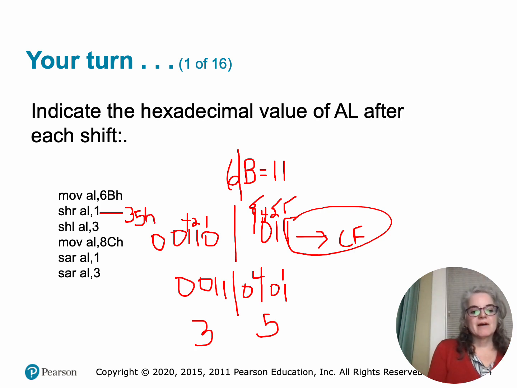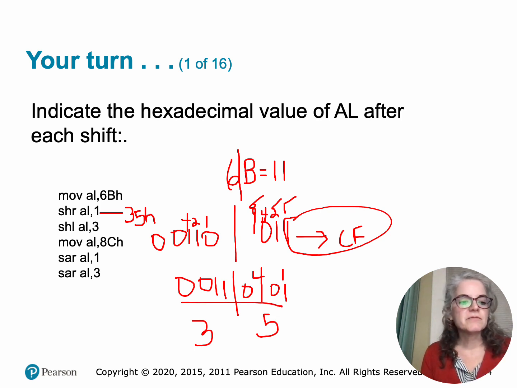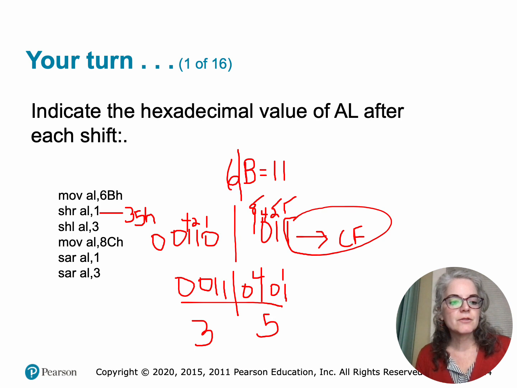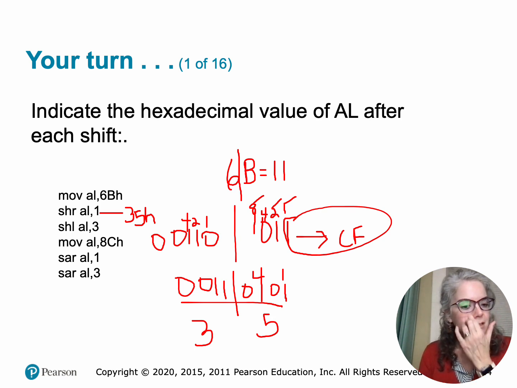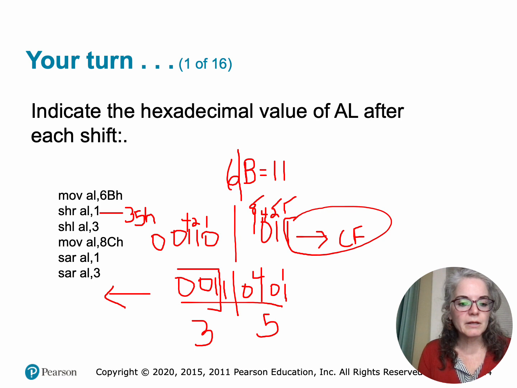So now that we have 35 hex, we're going to shift to the left. We have it right here, 35 hex. We're going to shift this to the left by 3 bits. So we're going in this direction. And it's 3 bits, so we're moving out these 3 right here. So the control flag gets set to 0. We no longer have these bits.